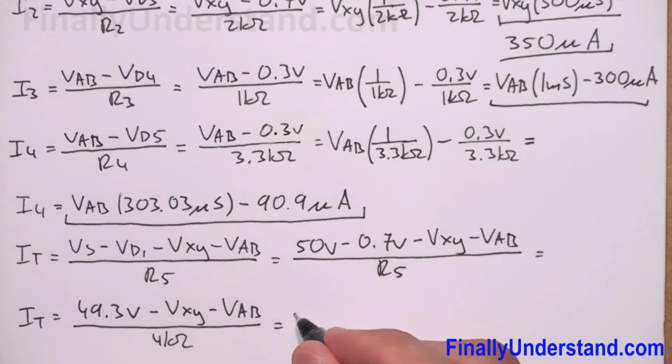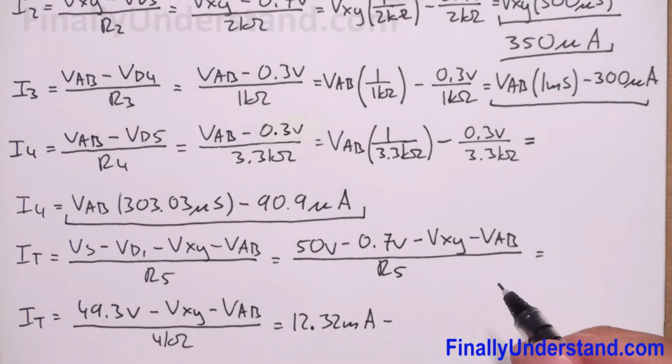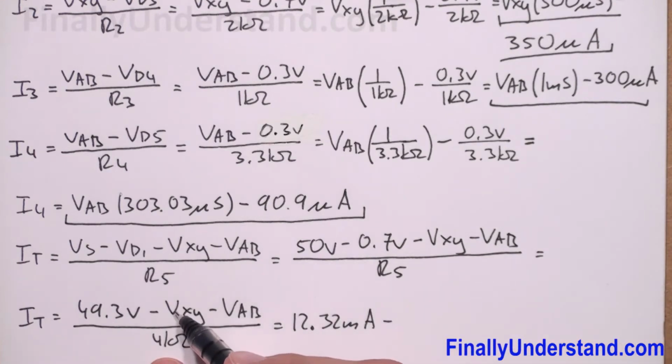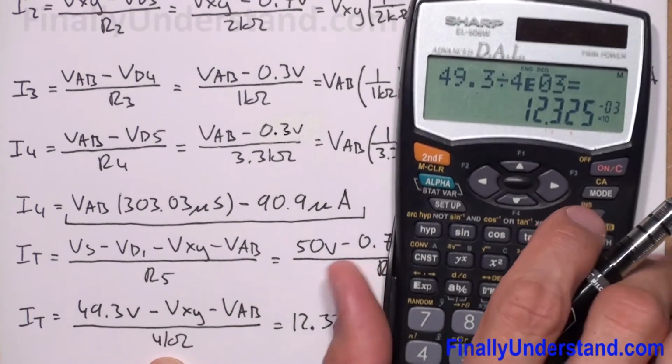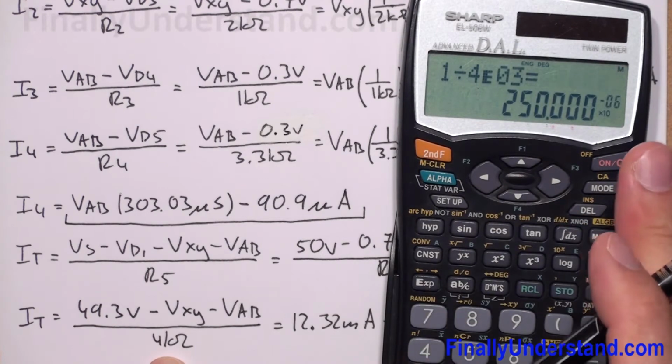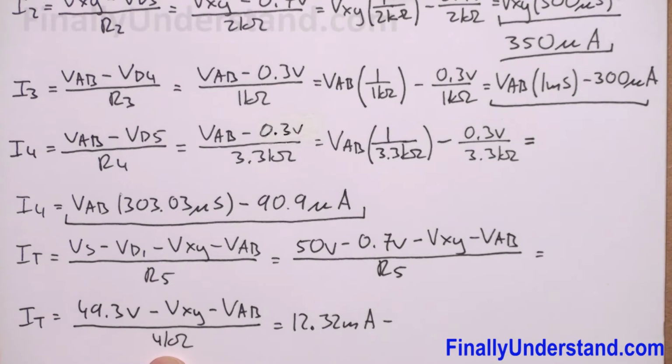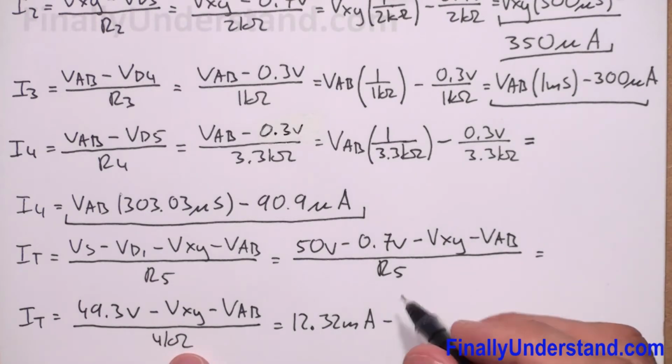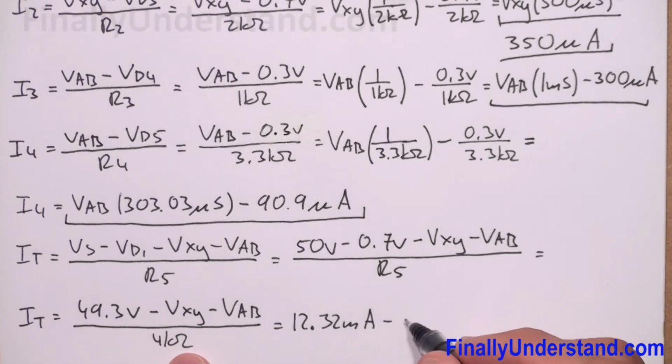So this is 12.32 milliamps minus, okay, so this is like 1 divided by 4 kilo ohms. Okay, so we have 1 divided by 4 exponent 3 is equal to 250 microsiemens.